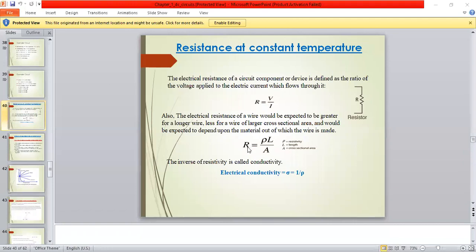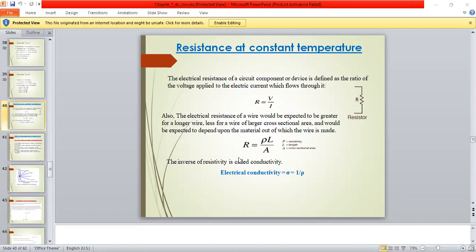Okay, so resistance depends upon the length, resistance depends upon the cross sectional area, resistance depends upon the material of the wire. Okay, the wire having the larger length has greater resistance. The wire having smaller cross sectional area has greater resistance, like this.